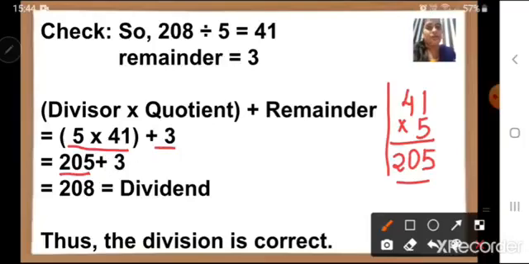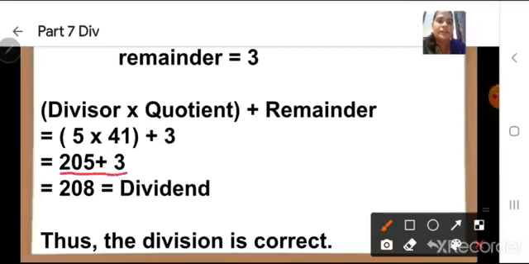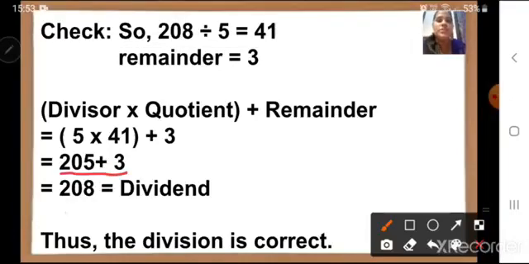That will come down. So we have to add 205 plus 3, which is equal to 208. Right? Children, 208 is equal to dividend. Right? So that means our division is correct. This is the last statement that we have to write.